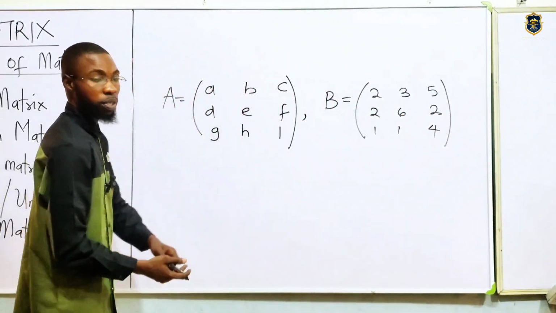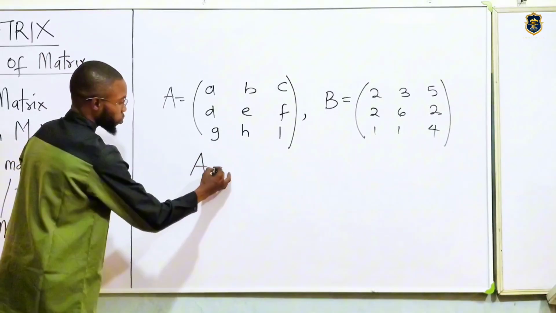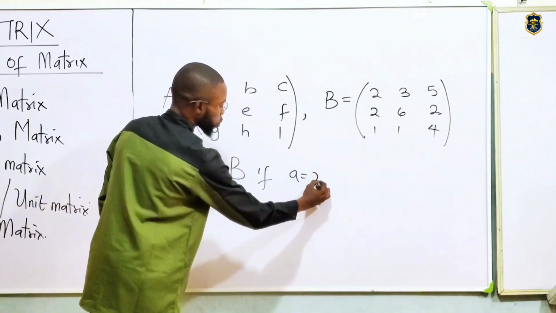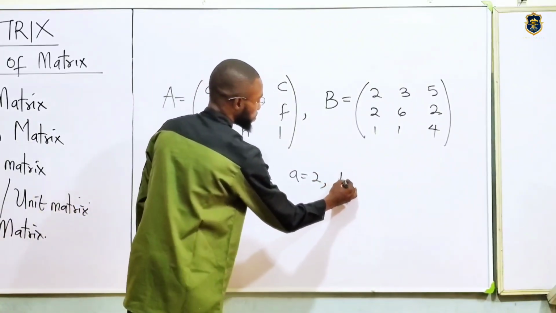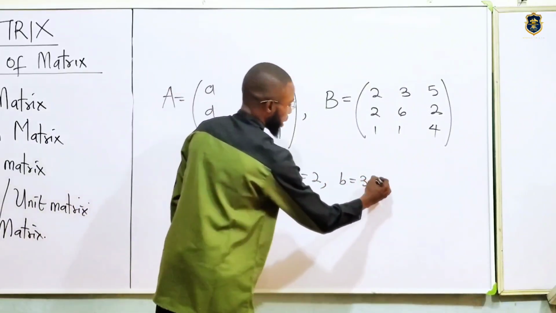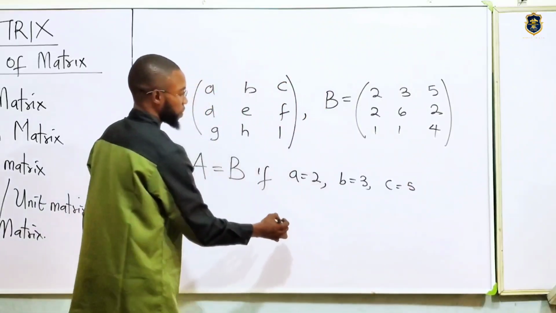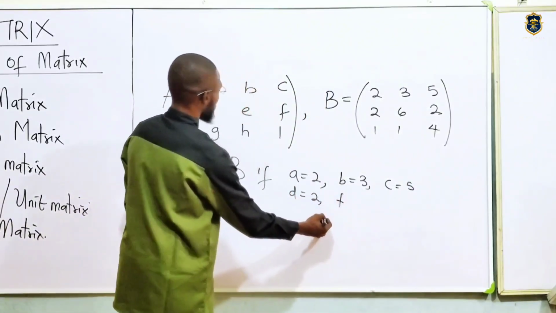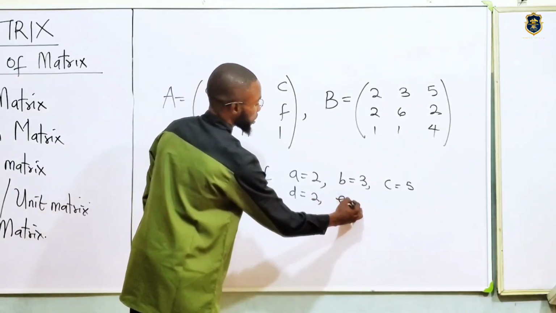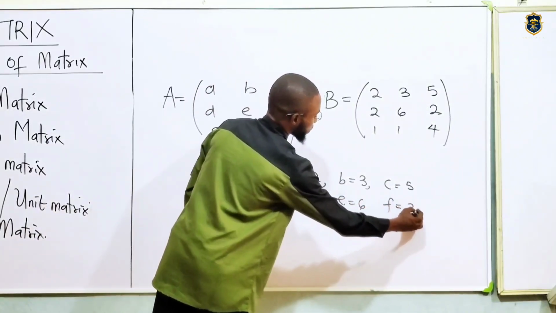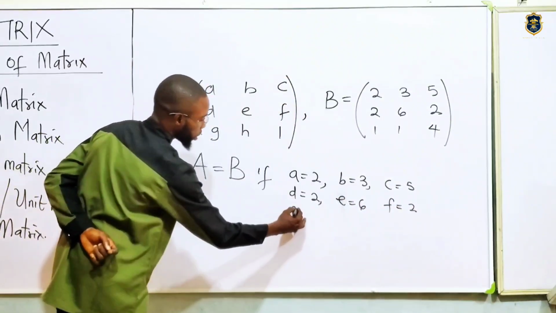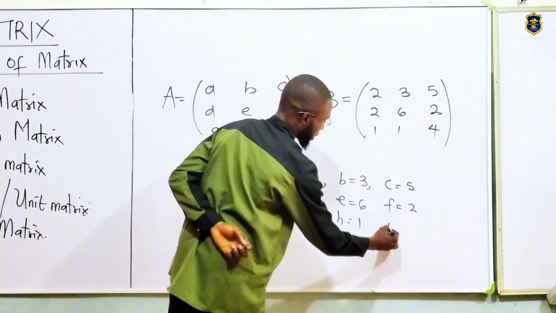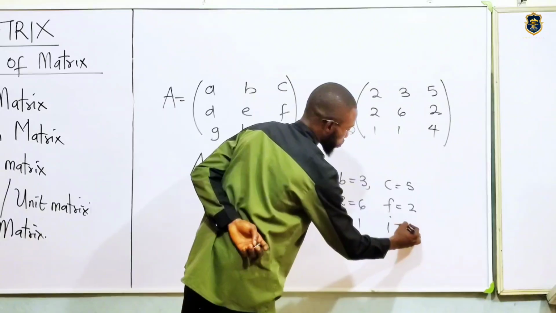What an equal matrix means is that A will be equal to B if element A is equal to 2, element B is equal to 3, element C is equal to 5, element D is equal to 2, element E is equal to 6, element F is equal to 2, element G is equal to 1, element H is equal to 1, and element I is equal to 4.